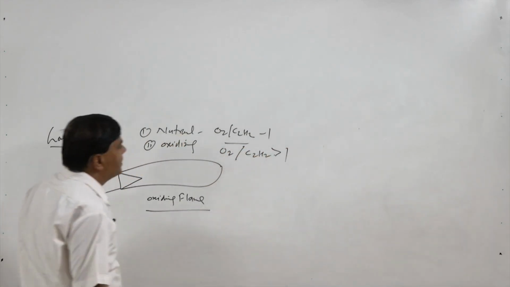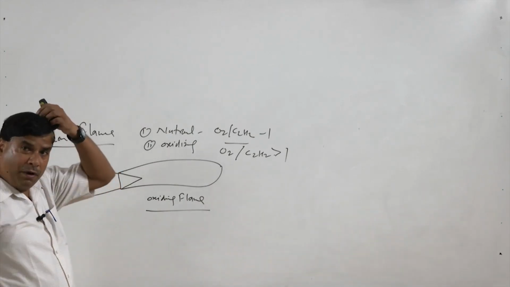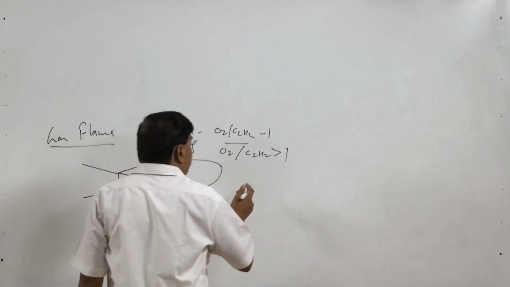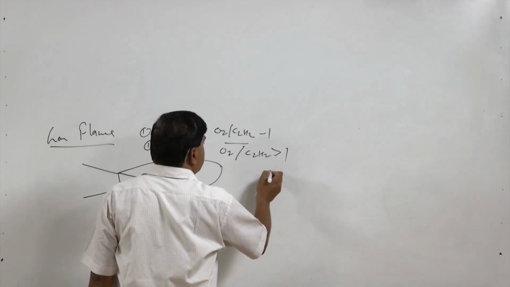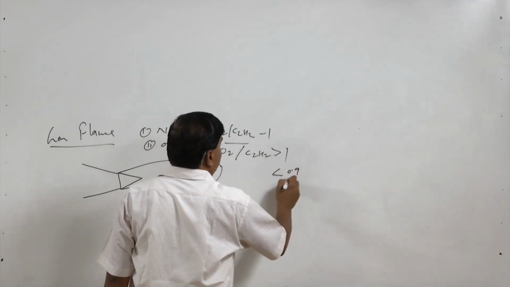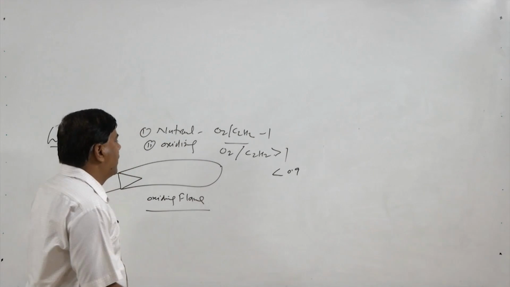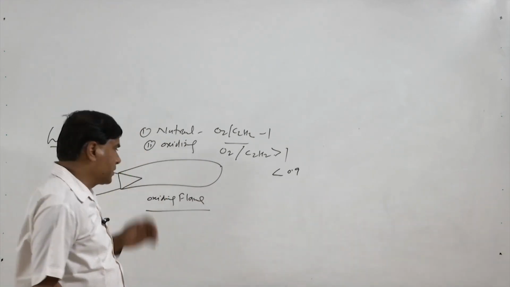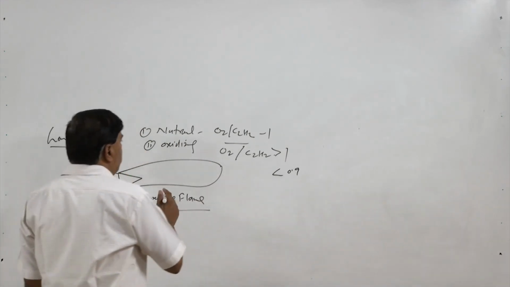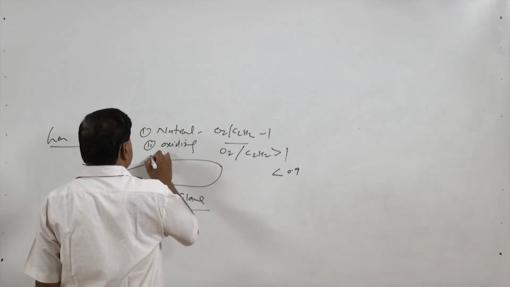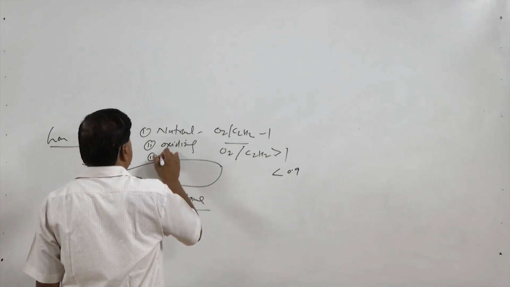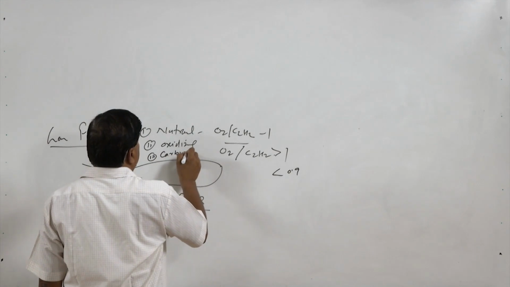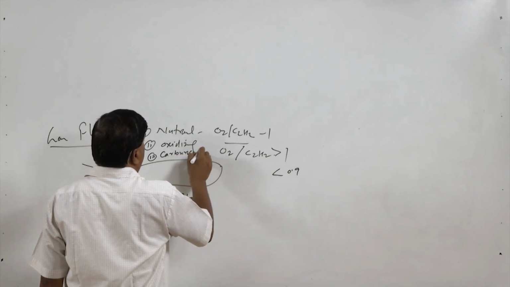So this ratio is generally more than 1 or 1.1, and when the ratio is reversed, like this ratio is less than 0.9 or less than 1, where acetylene is more than the oxygen, in that case we get the third, which is the carburizing flame.